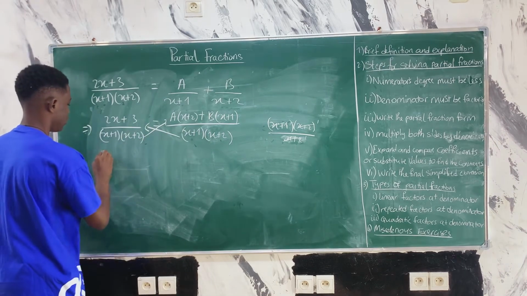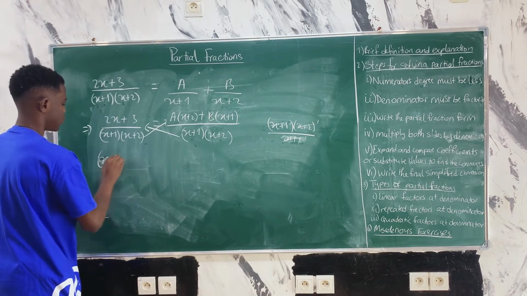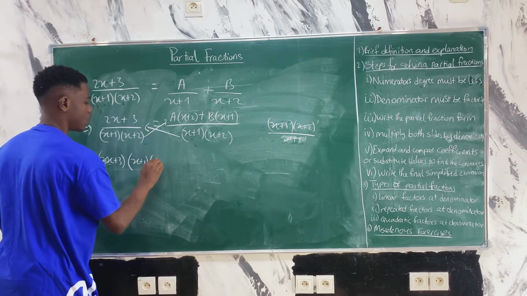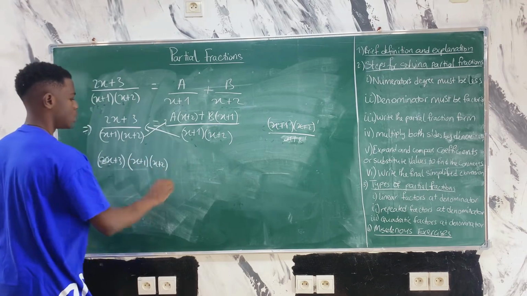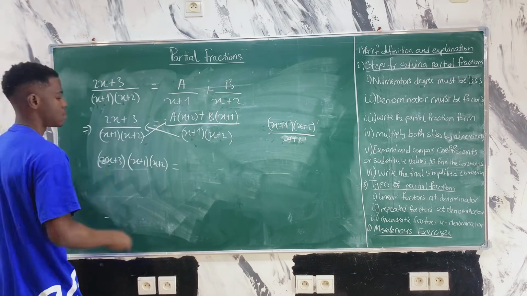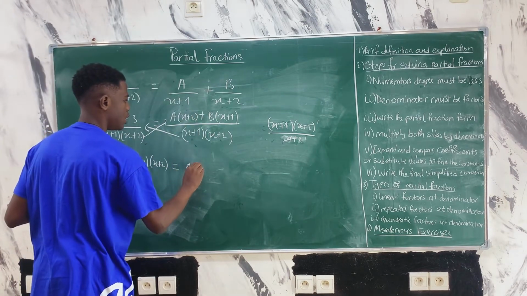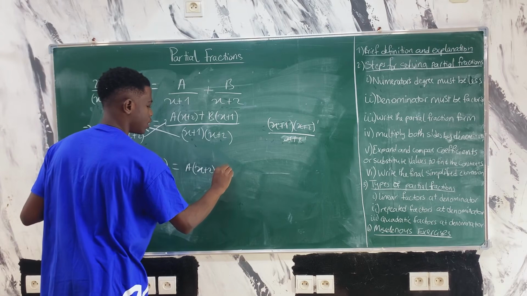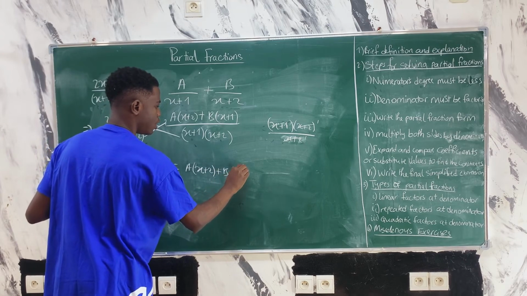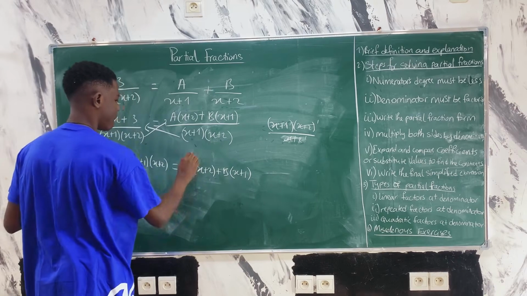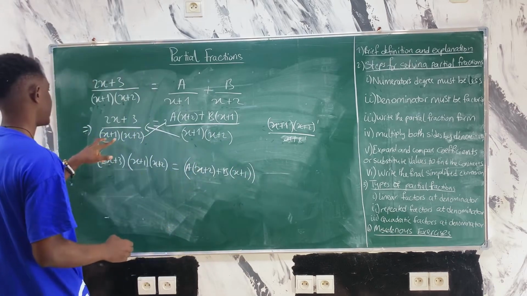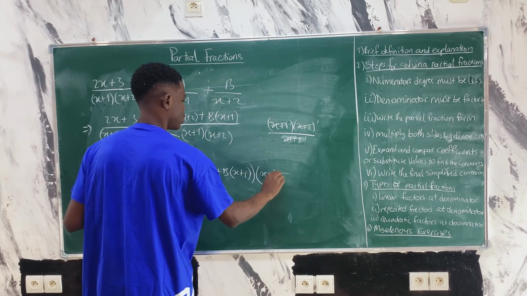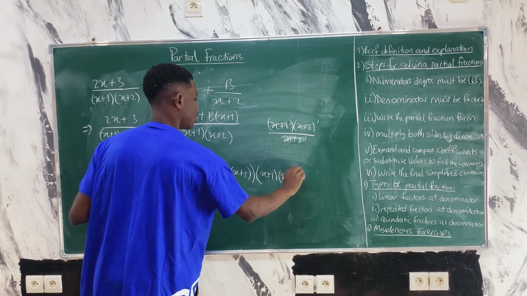So we'll have 2x plus 3 into all of this, x plus 1, x plus 2, will be equal to, we write all of this times this, a into x plus 2 plus b into x plus 1, all of that times this, x plus 1 into x plus 2.